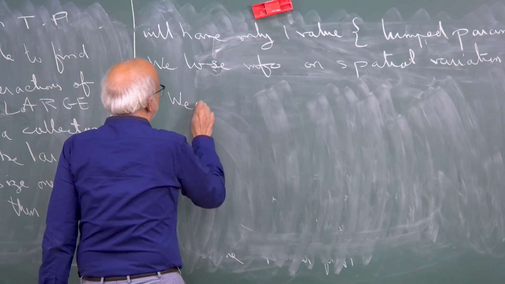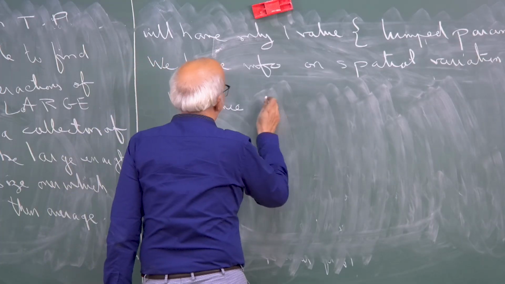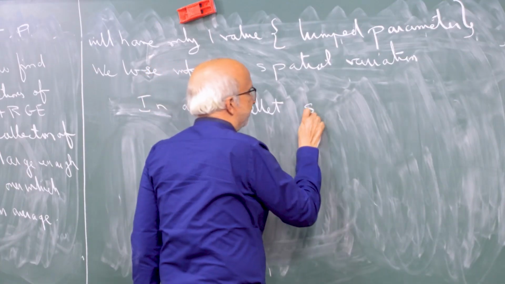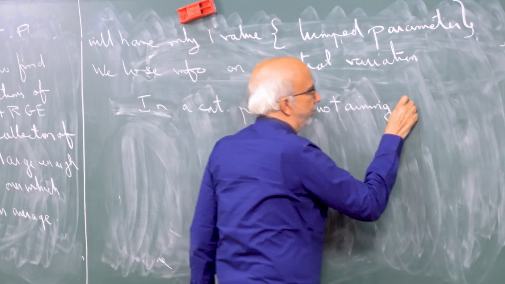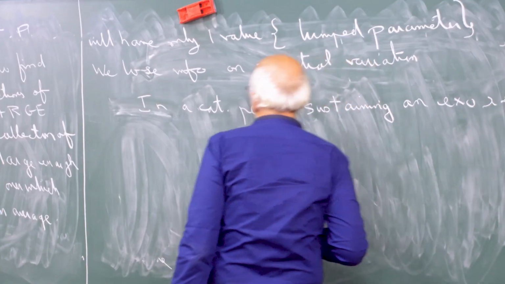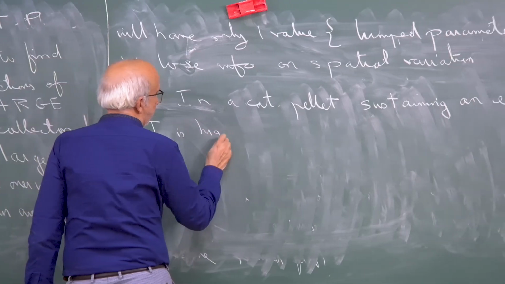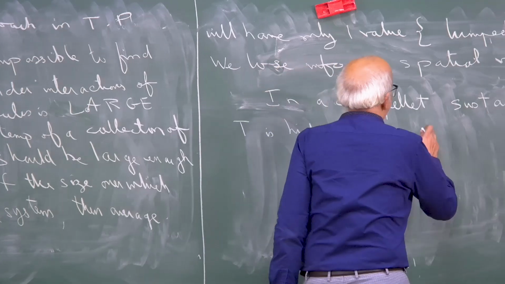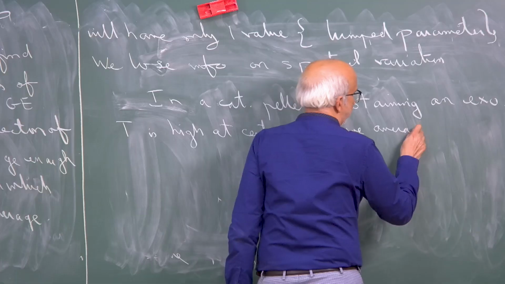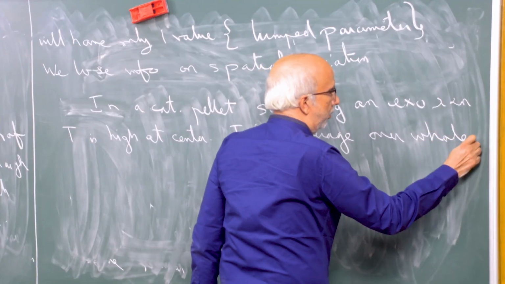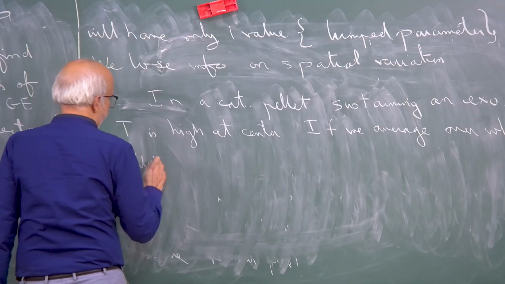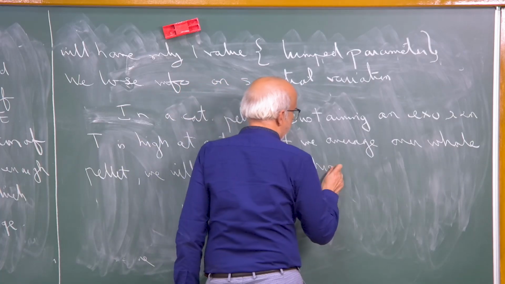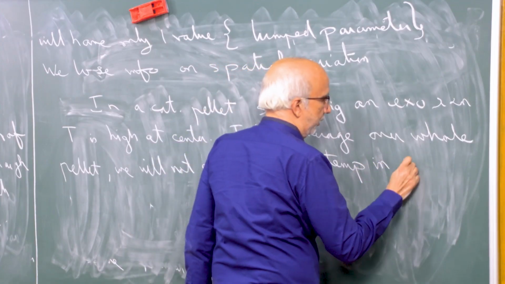So we hence show that in a catalyst pellet sustaining an exothermic reaction, the temperature is high at the center, and if we average over the whole pellet, we will not get this high temperature in our calculation.